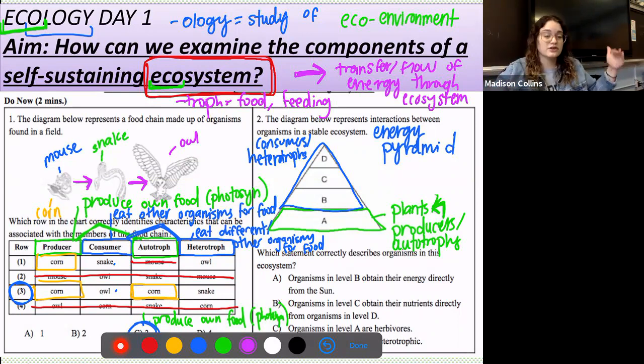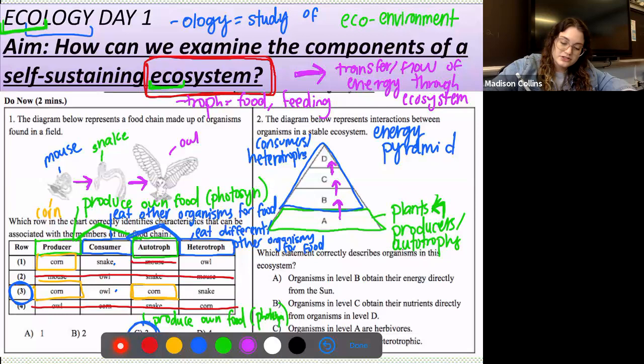So that energy flows from the mouse to the snake. When the owl eats the snake, the owl is getting that energy. So energy is flowing from the snake to the owl. We draw that arrow in the direction of the organism that is gaining energy from what's being eaten. So on this energy pyramid, we're always going to draw our arrows pointing up, because energy is flowing up through this ecosystem.